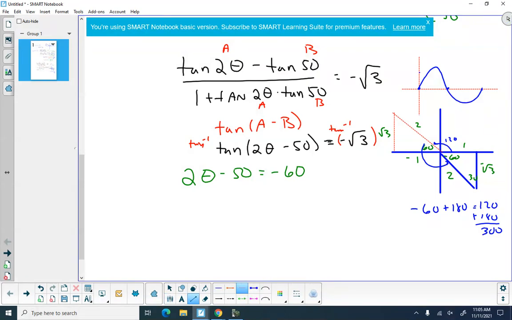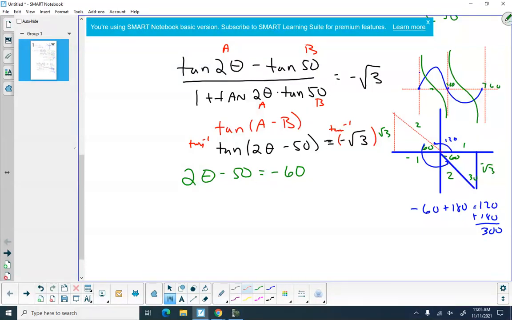We went and we drew asymptotes at these values. And with the cotangent one, we were upper left to lower right. This was 180 degrees. This is 360.